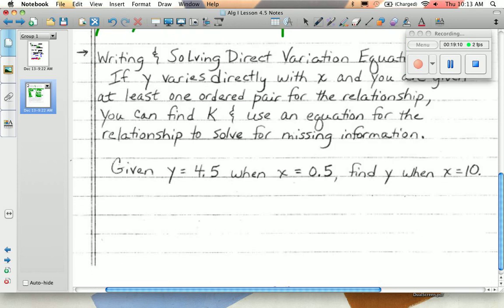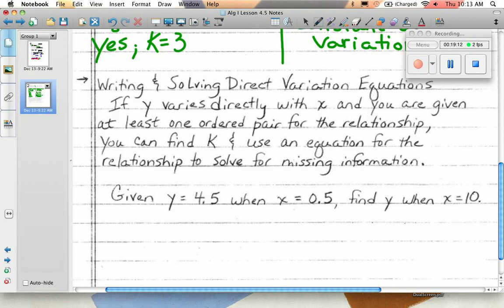Okay, well sometimes they're going to say to you, I want you to write and solve a direct variation equation, and they're just going to give you some information. If y varies directly with x, in other words, they're telling you y does vary directly with x. They have a direct variation relationship. And you were given at least one ordered pair for the relationship.